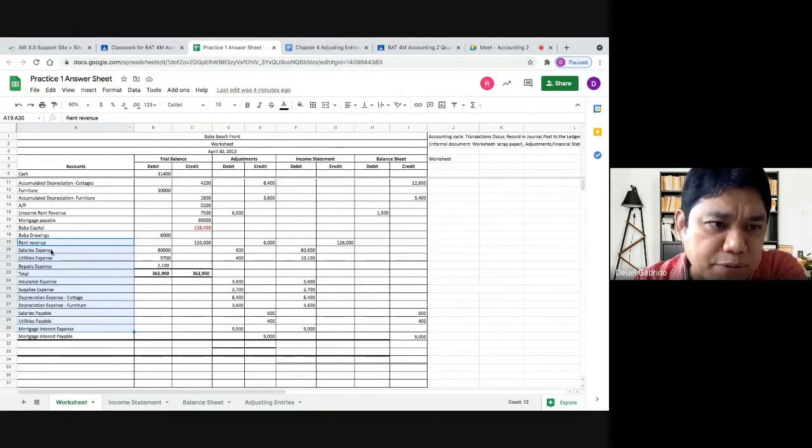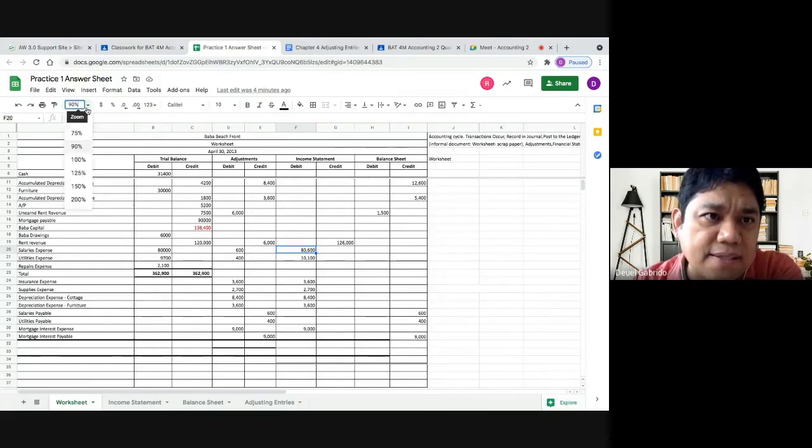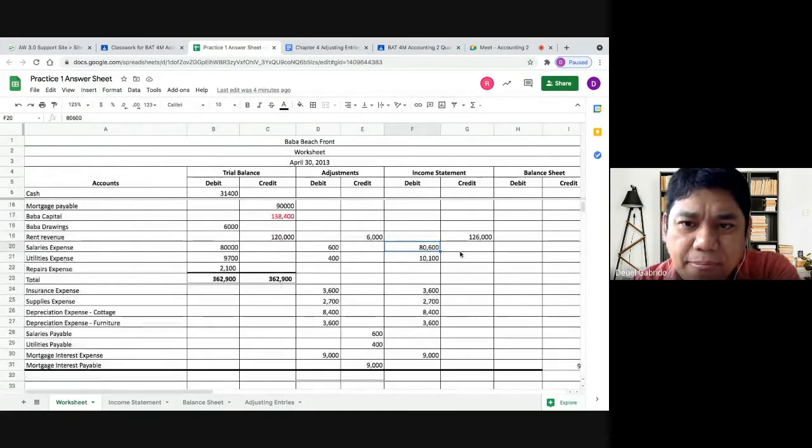Revenue of 126, it's here already, yes. Rent, salaries expense, 80, correct. Utilities, okay, here. Revenue of 126 is already done. 80,600 is done. We copied this one.